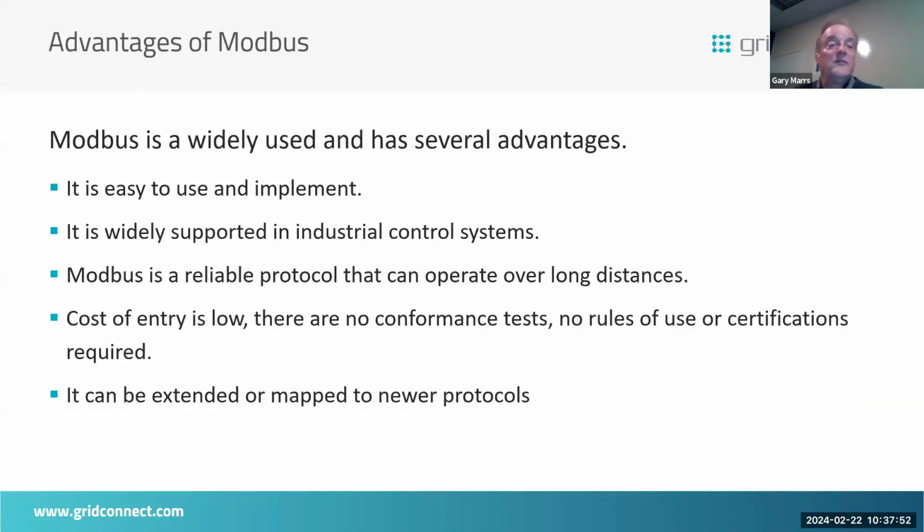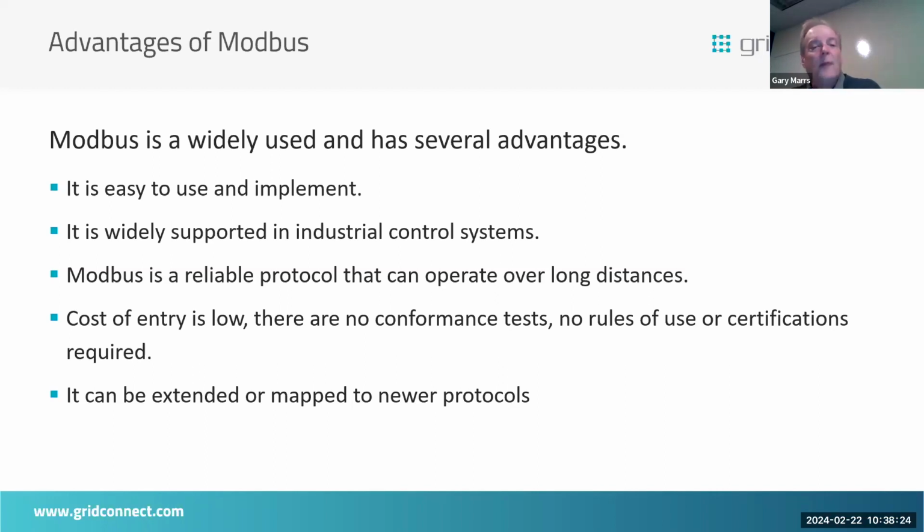Here are some of the advantages of Modbus. It's super easy to implement. It's supported in just about every industrial automation software application. It has a Modbus driver. It's very low cost to implement. There are no conformance tests, no rules of use, and no certifications required to use Modbus.